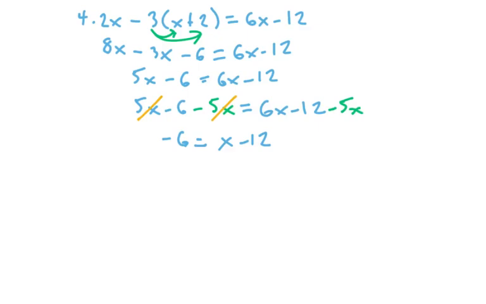And then to isolate the x completely, to get the x by itself, using that same idea of balance, I could add 12 to both sides. Minus 6 plus 12 equals x minus 12 plus 12. Same operation on both sides of the equation keeps it balanced, leaves the solution unchanged.